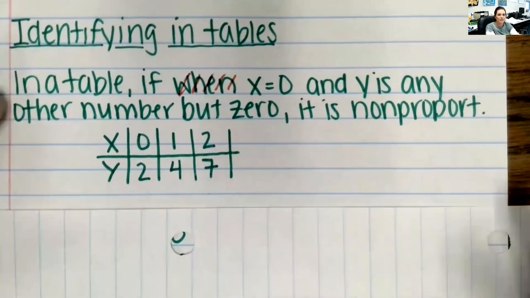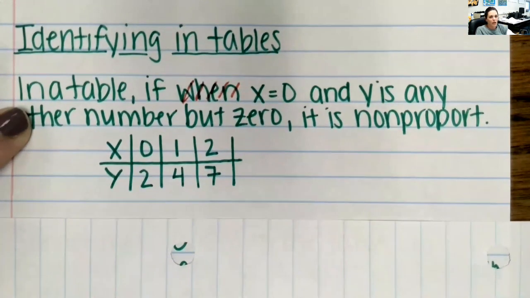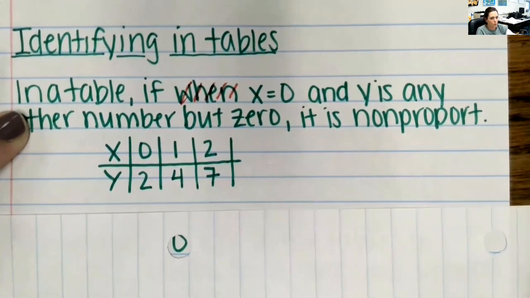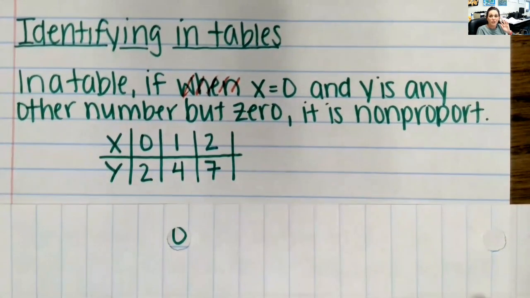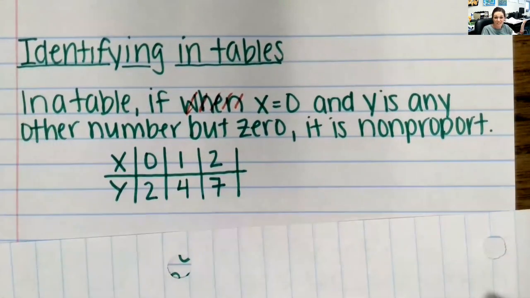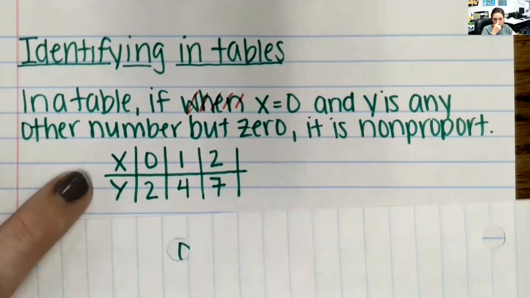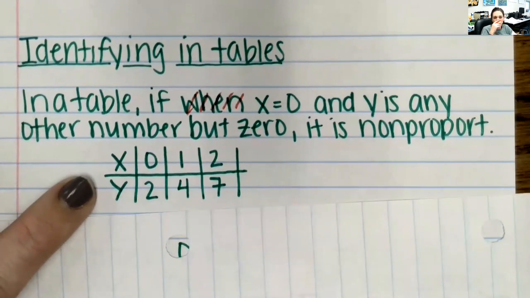Okay? And so then we have the table that says X is 0, 1, 2, and Y is 2, 4, 7. Now, there are other details that we're going to visit in a second, so there will be more that we have to check in this table in terms of checking for consistency. However, for what we're doing, we're just going to spot that.